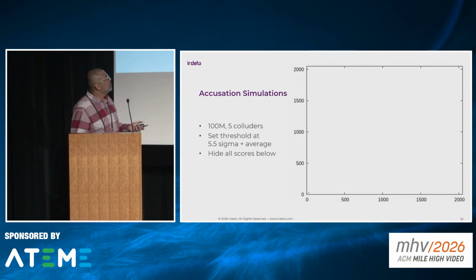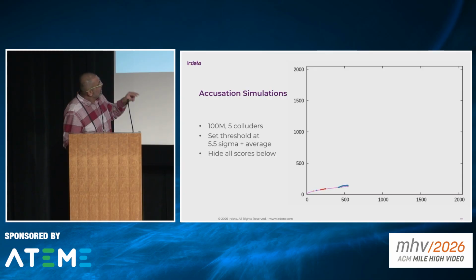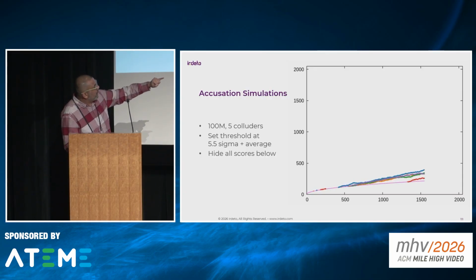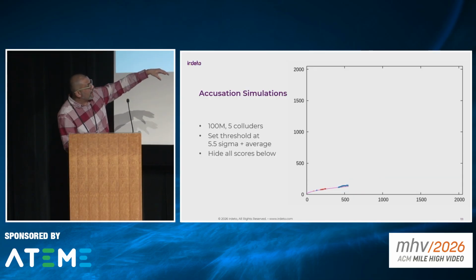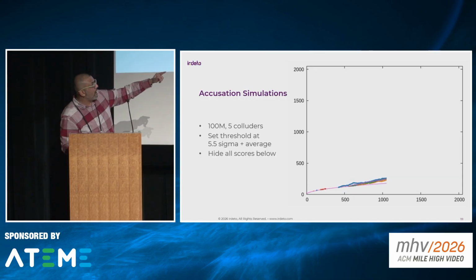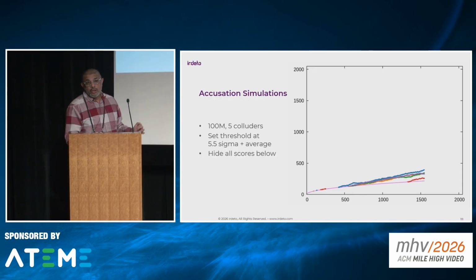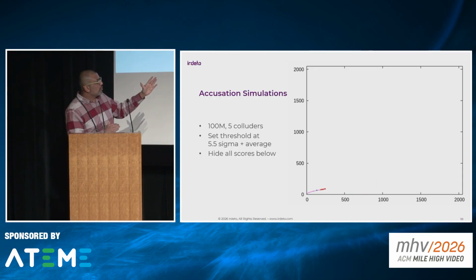Now we go from 2 to 5. Again, it takes a little longer. Now you see 1 user actually went above the threshold after like 1,500 bits. So now you're looking at close to 1,500 to 2,000 bits.